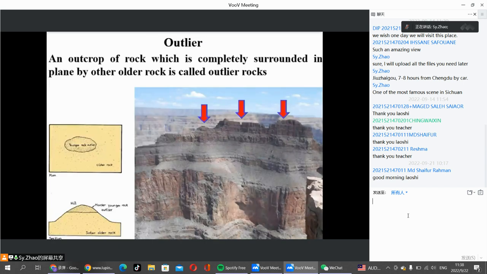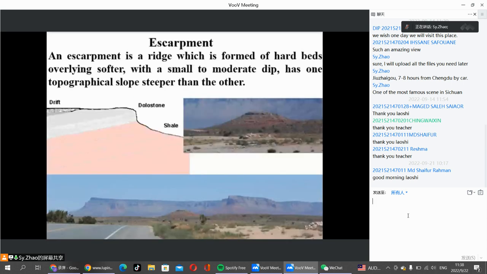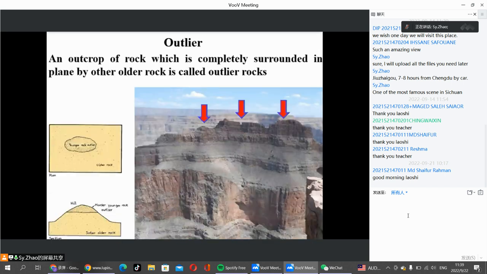In other words, if we see this from the air, we can easily see the cliff in the hard rock above the soft rock.